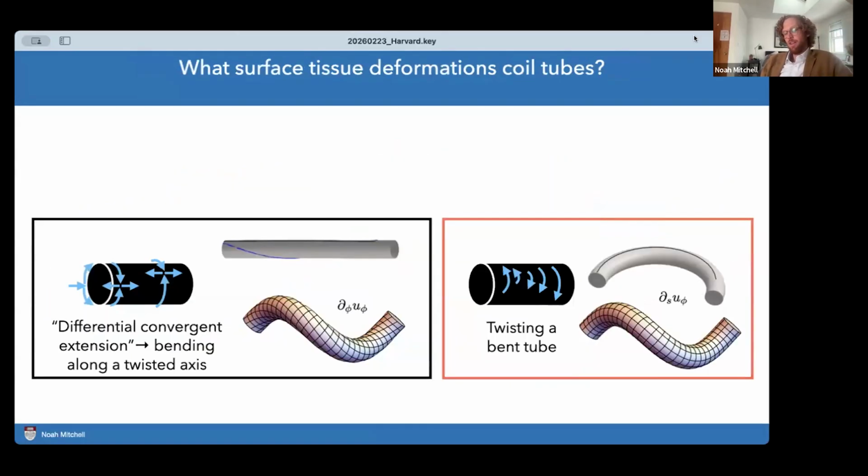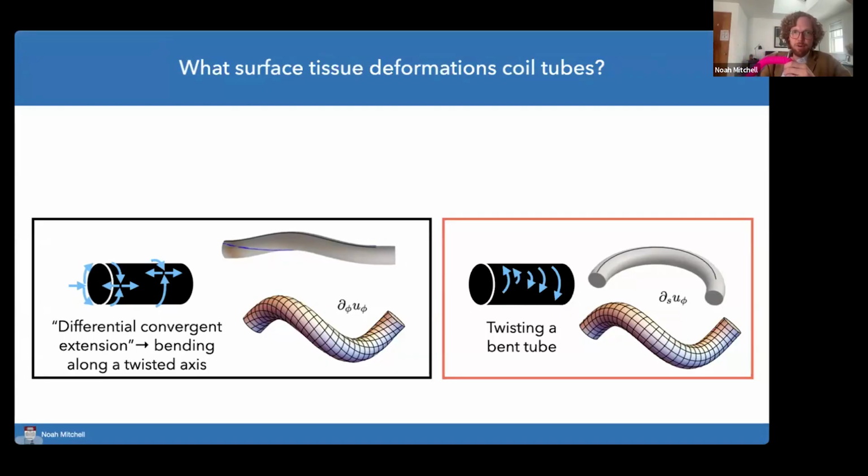After thinking about it for longer than we'd like to admit, we realized that there are two different ways of generating coiling via surface deformations. The first is that we have different amounts of shear on the two different sides of the tissue. And the second is that we take a tube that is bent. I should maybe make the movie of the first one play here.